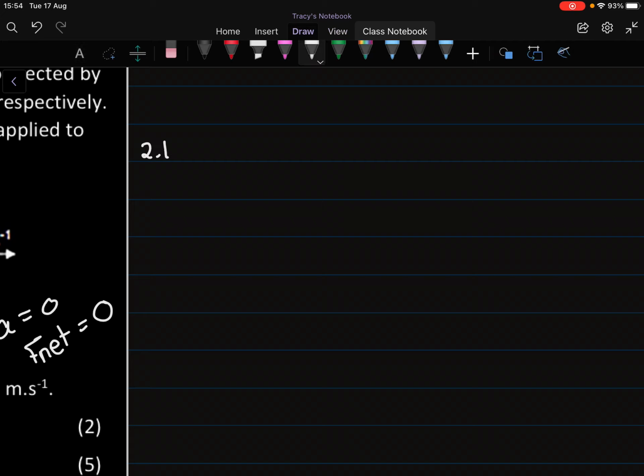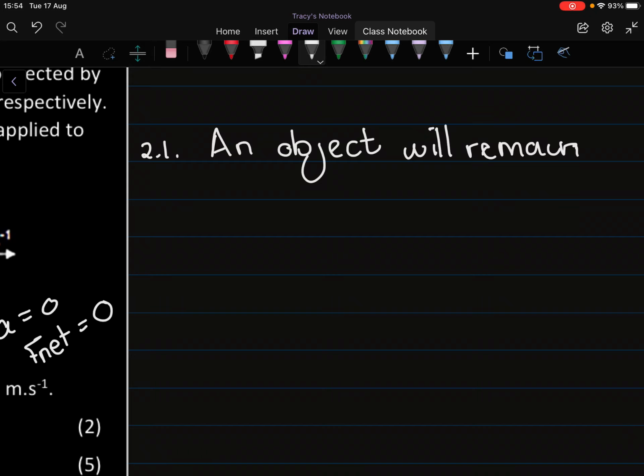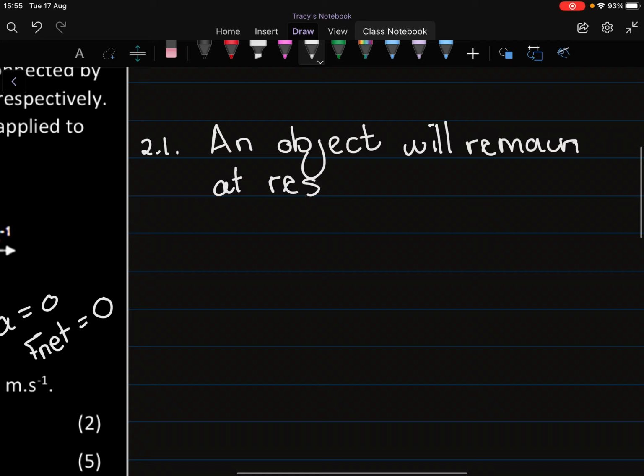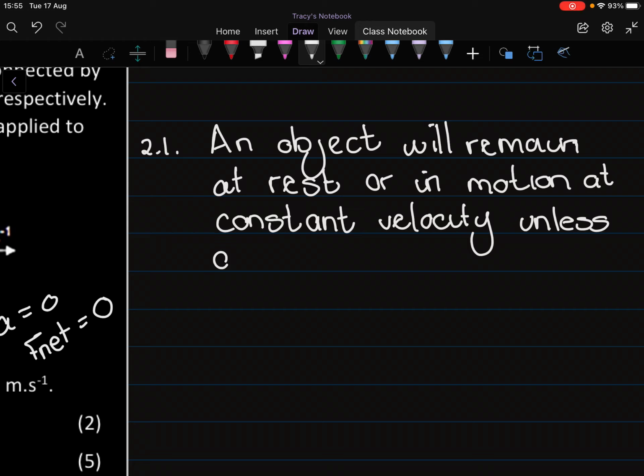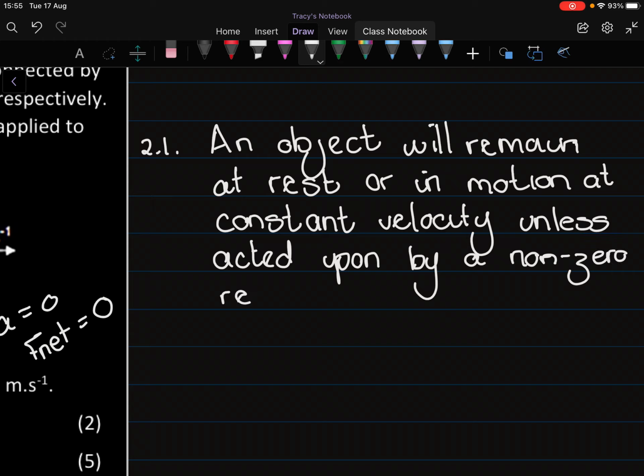So Newton's first law says to us: an object will remain at rest or in motion at constant velocity unless acted upon by a non-zero resultant, you can also say net force.